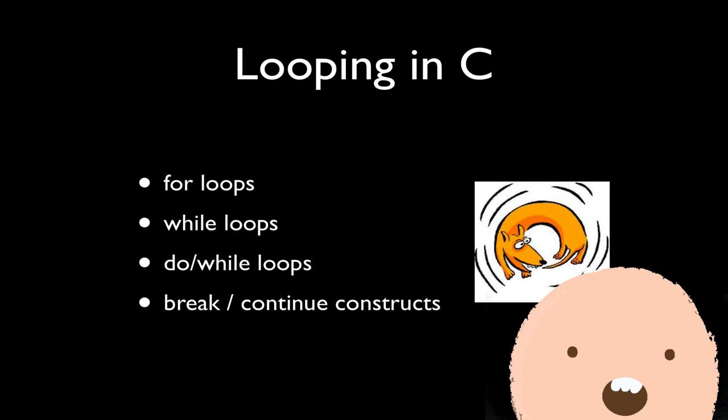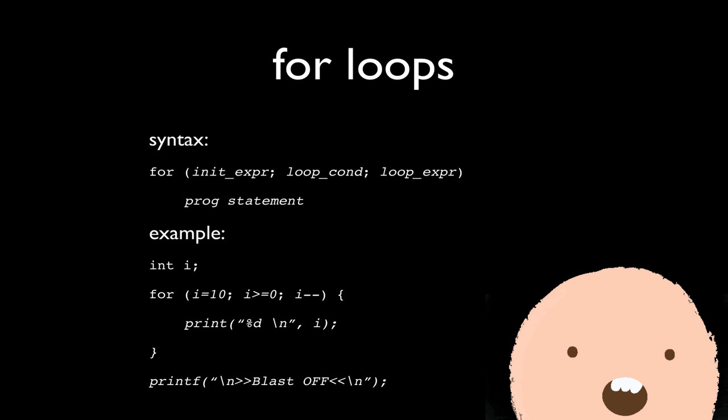simple example of where I might want to use a loop, and in particular, we're looking at the for loop. So let's take a look at these different looping constructs in more detail and check out the basic syntax. So for loop, as we've seen in the previous example, has several things that are needed. It has an initialization expression. So in that expression, we're typically going to initialize the loop control variable.